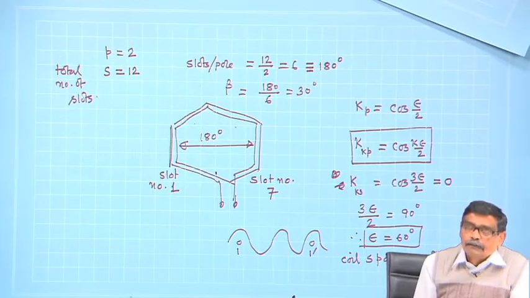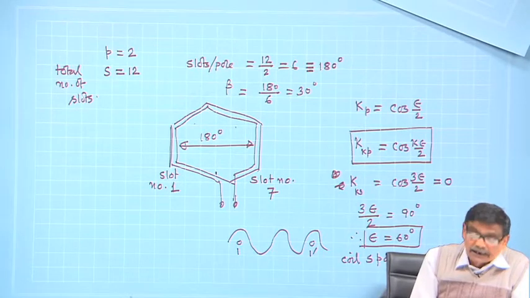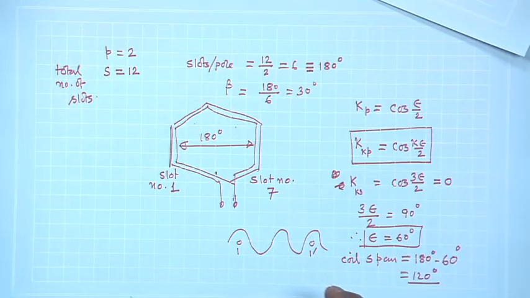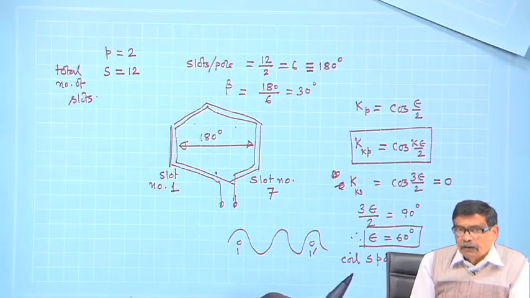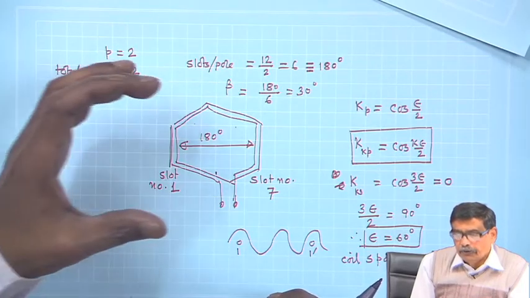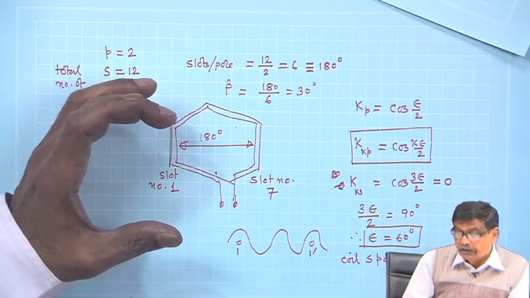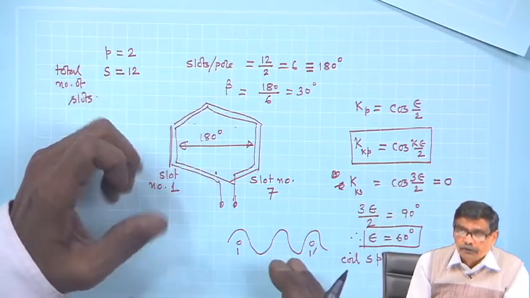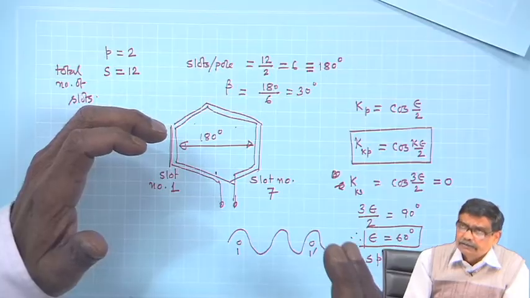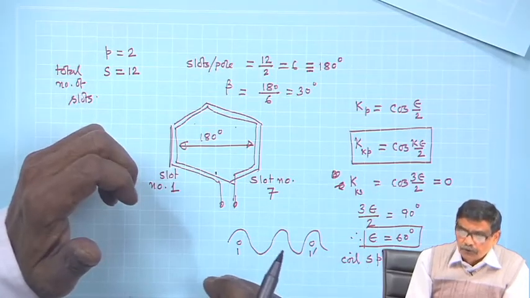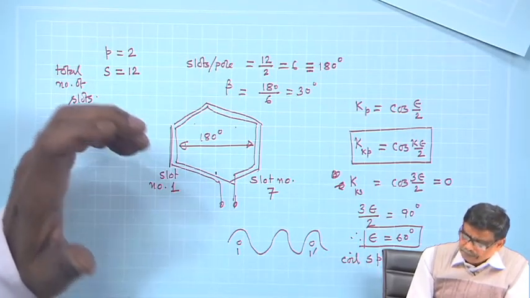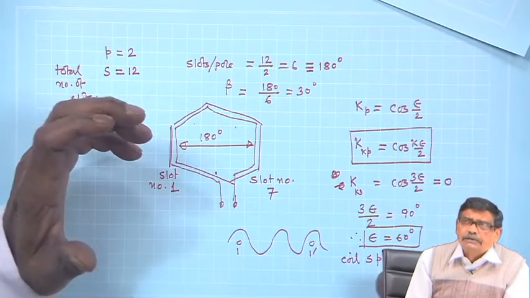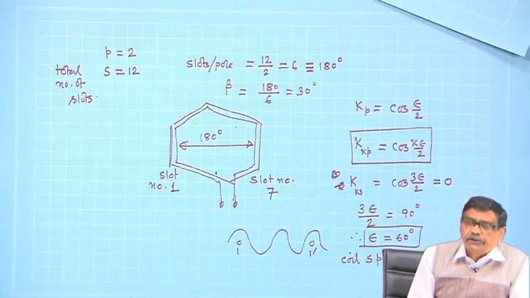But if you choose 180 degree, no doubt if you consider fundamental voltage, one is under the center of the north pole. Now, the return conductor 1 dash 0 will never be under the center of the south pole. It will be under the south pole only mostly, but voltage is not maximized, it will be reduced.